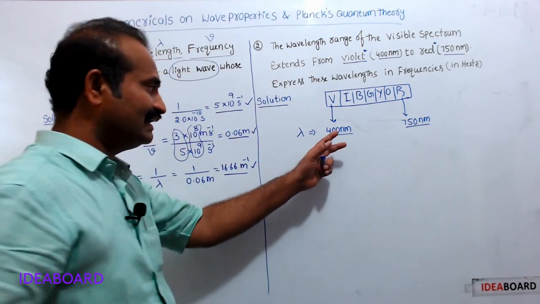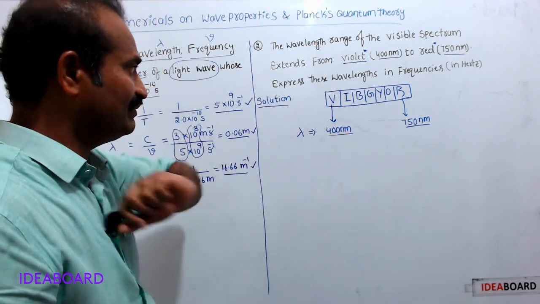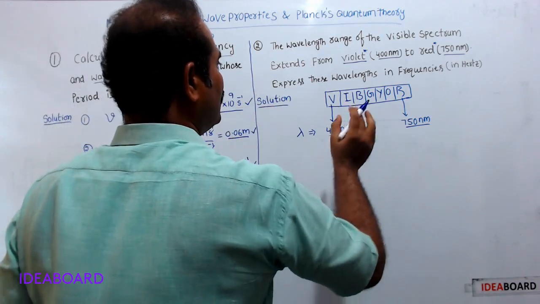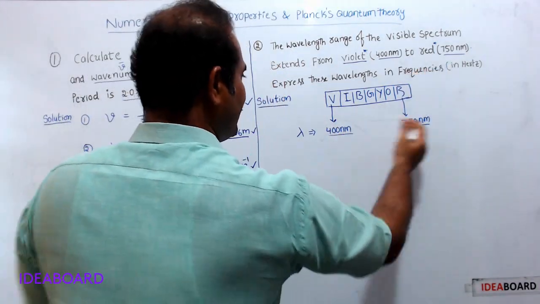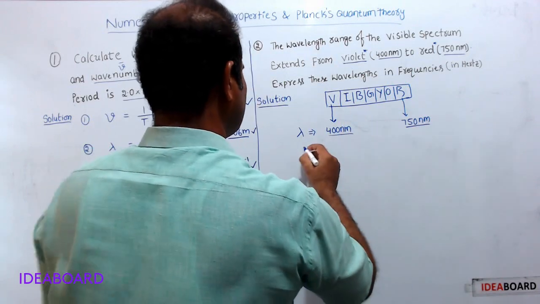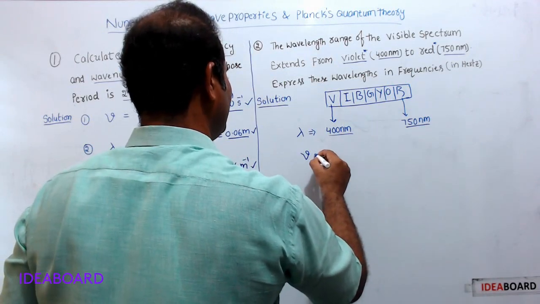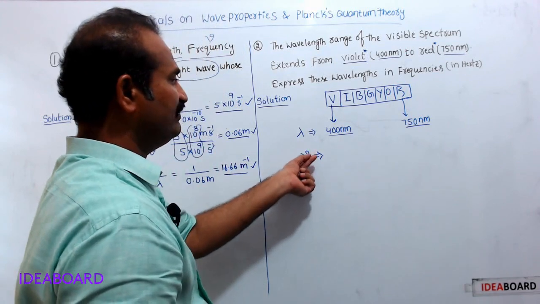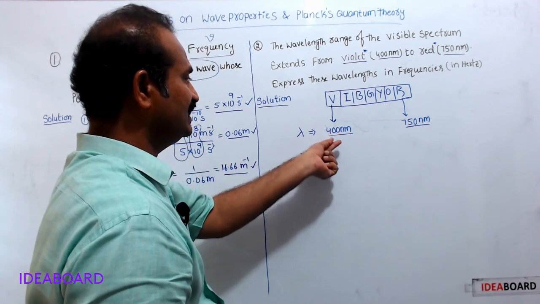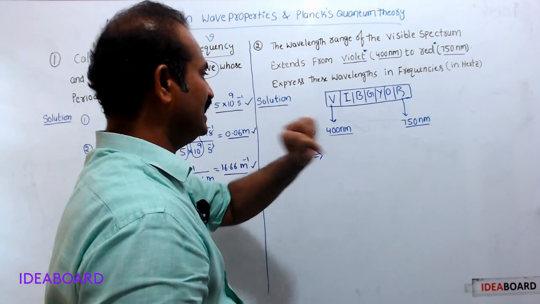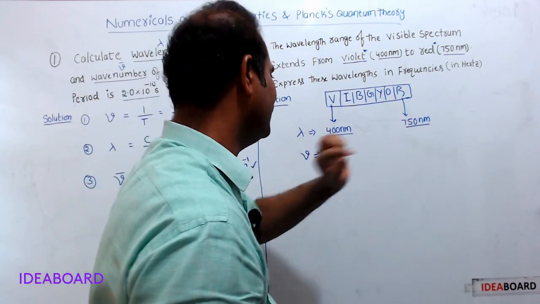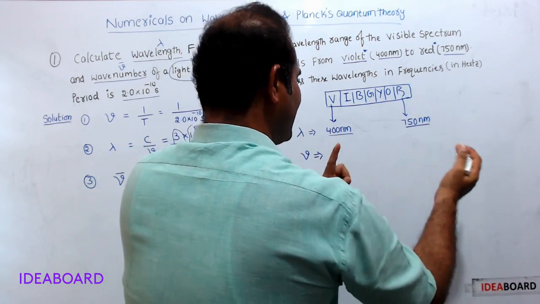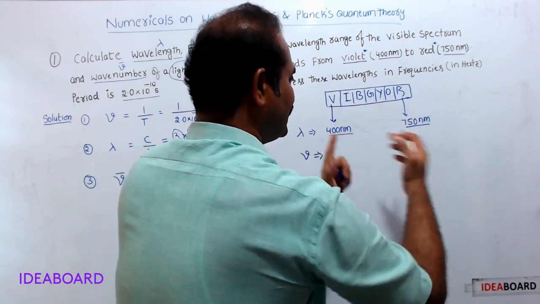This is the data given in this problem, and it asks about the frequencies of these two extremes. So we need to find the frequency nu of violet light and of red light.